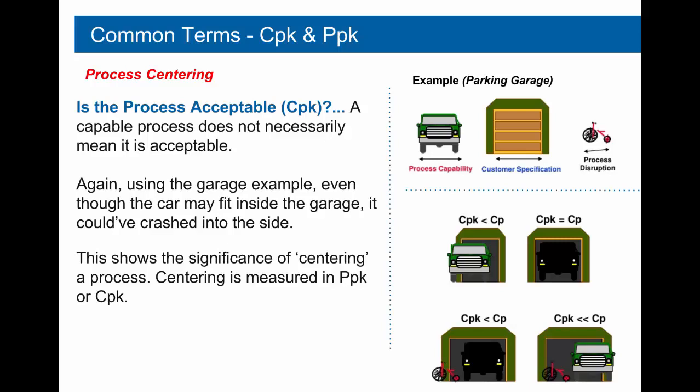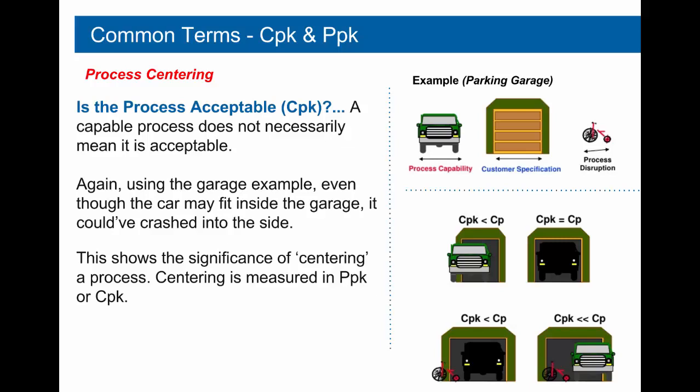So it may be able to fit within the garage, but maybe it's shifted to the left. We want to look for cases where our CPK number is spot on or equals our CP number. This means not only is the truck able to fit in the garage, but it's also centered to the point where it can fit in the garage.